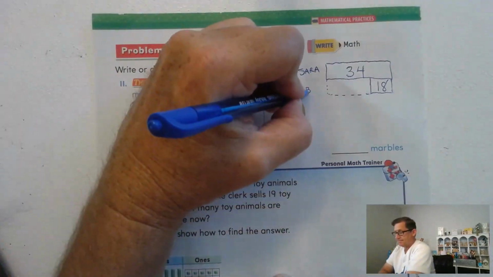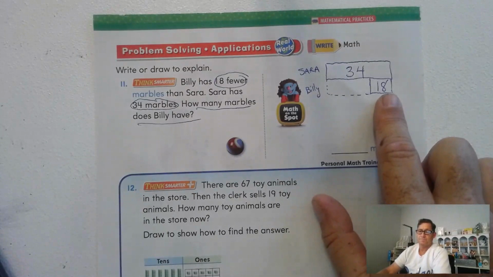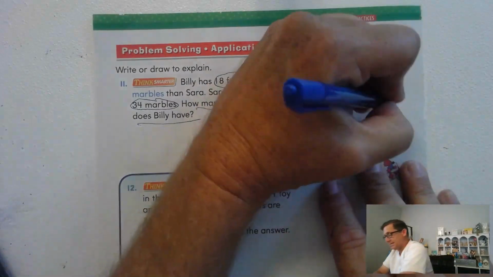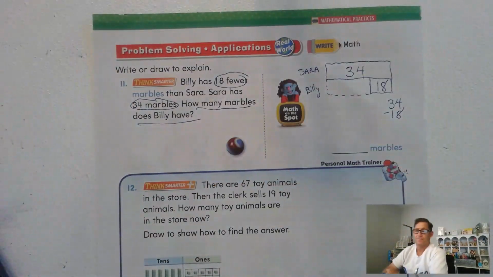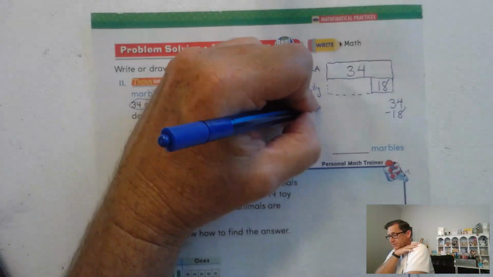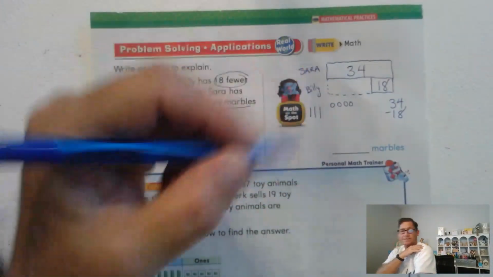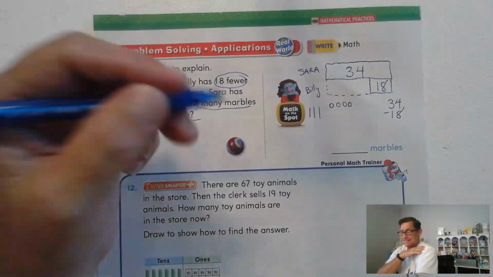And Billy has 18 fewer. So what's the difference between these? So it's basically 34 minus 18. Well, let's see. We can draw our picture. We had 3, 1, 2, 3, 4. That's 34. And we have to take away 18.